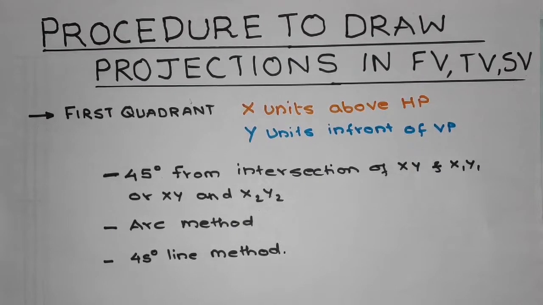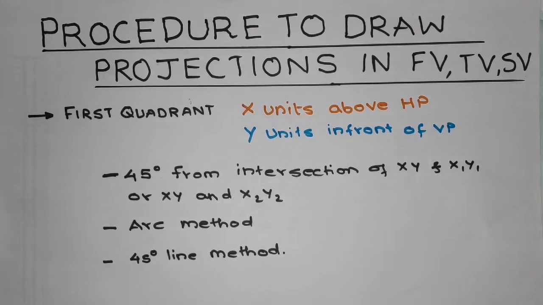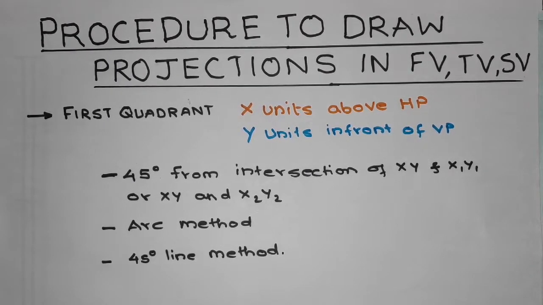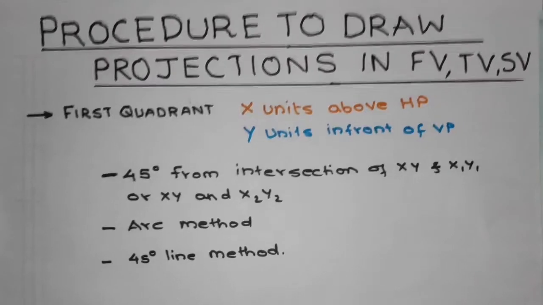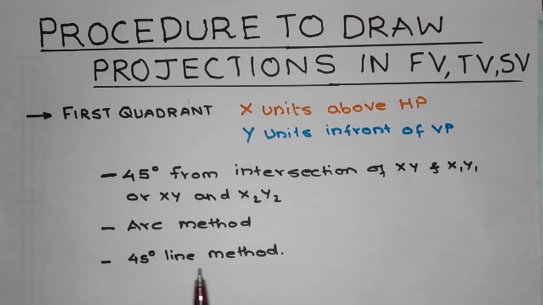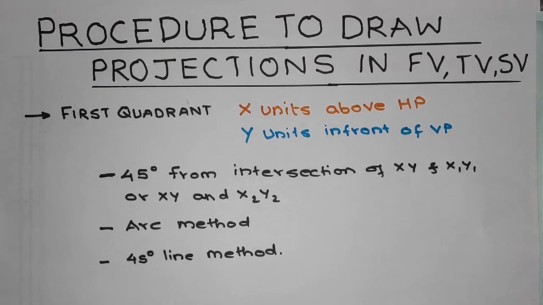I'll be taking a general example, an object that can be anything, it can be a point, which is x units above HP and y units in front of VP. We already know how to draw the front view and top view, which we discussed in the previous lecture, and we have also seen how to do the projection of points in the front view and top view for all the four quadrants.